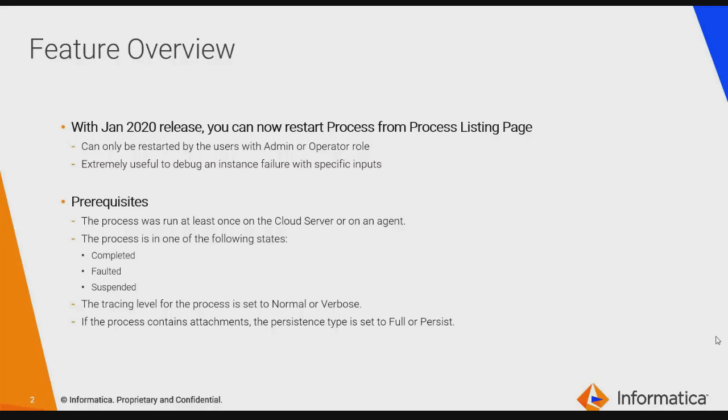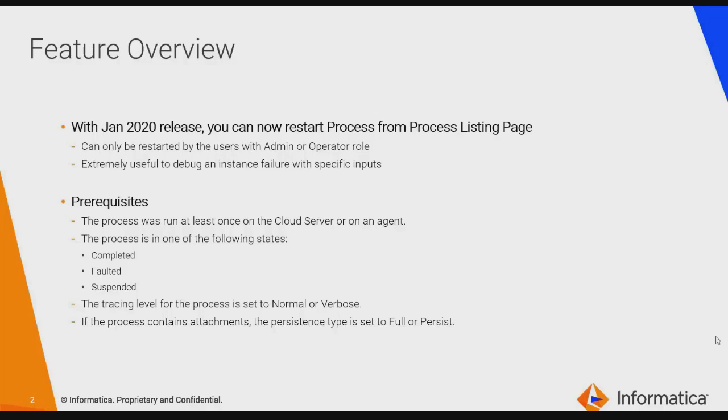So it's extremely useful to debug an instance failure with a specific input, and that's where it's going to be used the most. There are certain prerequisites for this feature. The process should have run at least once on the cloud server or on the agent. And for a process to be restarted, it should be in one of the following states: completed, faulted, or suspended.